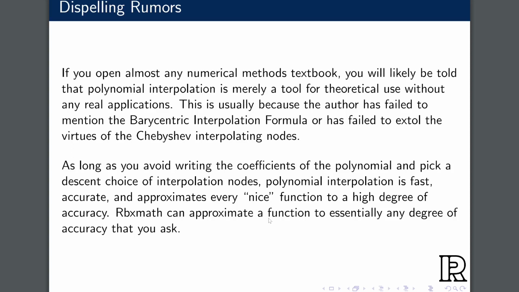This is awful. And yes, if you're using uniformly spaced points, your polynomial interpolation will be bad. But if you pick Chebyshev interpolating nodes, if you pick Legendre nodes, and if you use the barycentric interpolation formula, all of these woes and all of these problems just vanish into the ether.